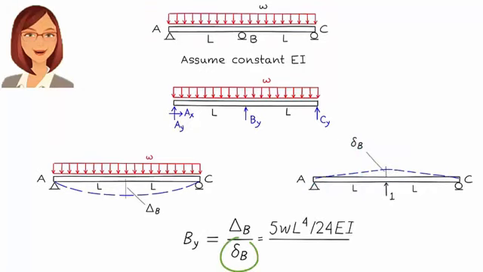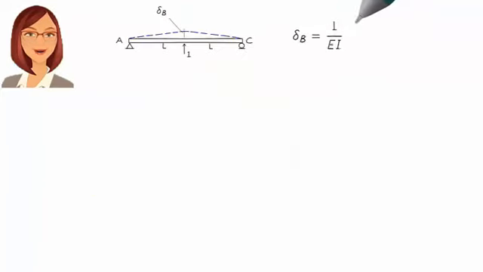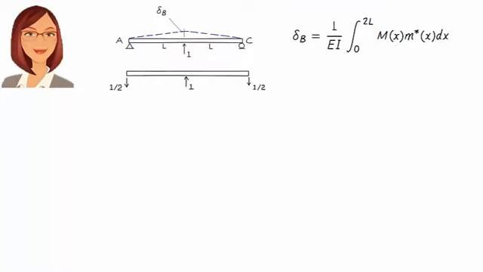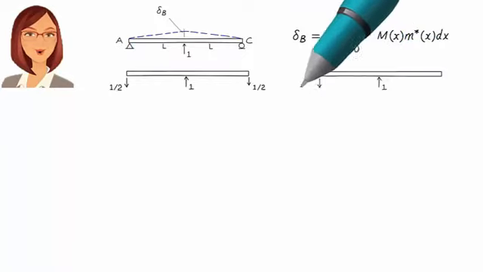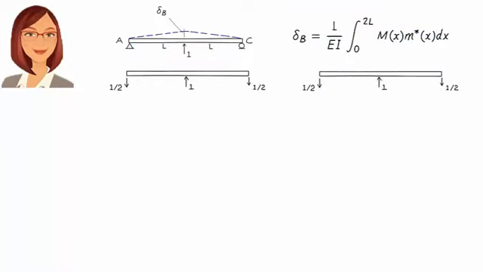To determine the other displacement, delta BB, we use this diagram. Here, delta BB can be written as the integral, where M represents bending moment in the beam due to the unit load, and M star represents bending moment due to a virtual unit load.